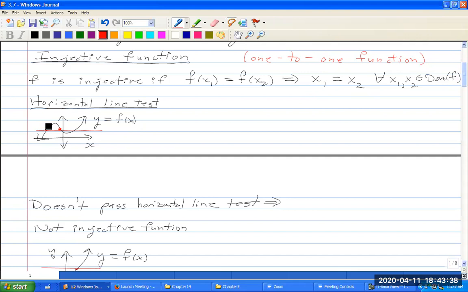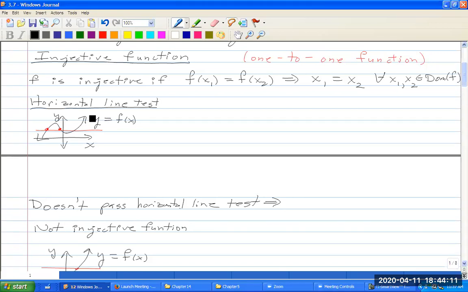Let's just draw a curve in the plane relative to some coordinate system, and suppose that this curve satisfies the vertical line test. Then, if we can find a horizontal line that intersects it in more than one location, we say that this curve does not pass the horizontal line test.